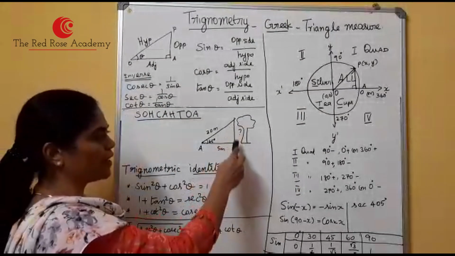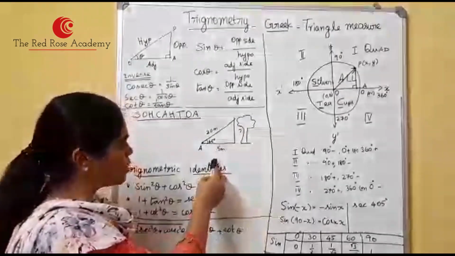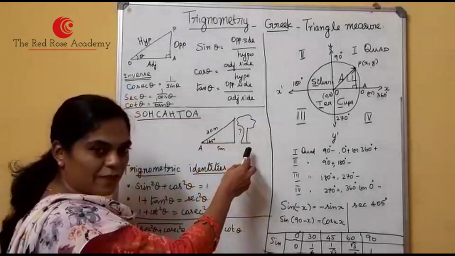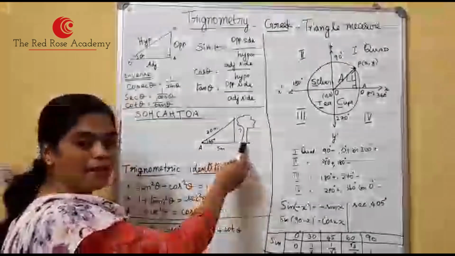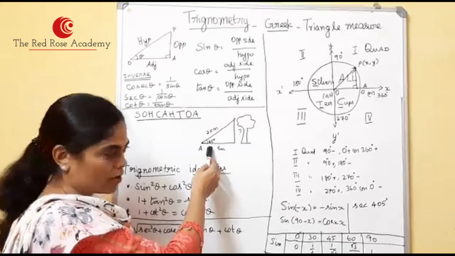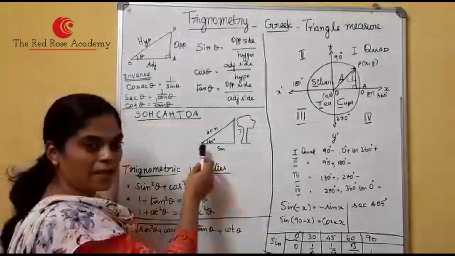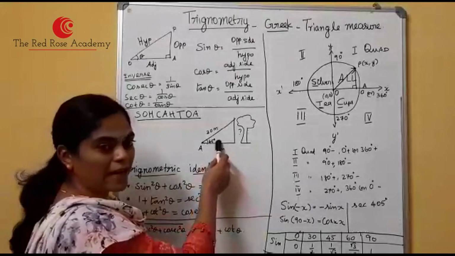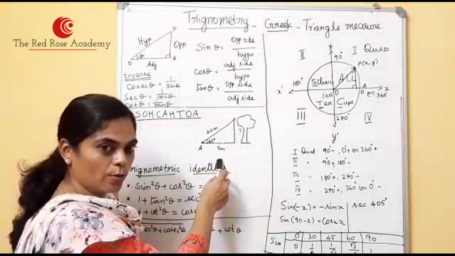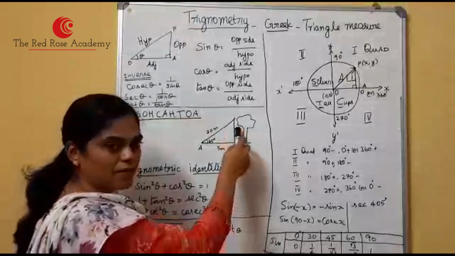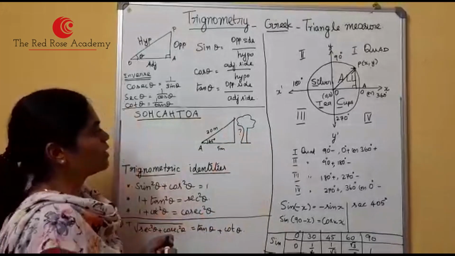So in order to find the height of the tree, suppose we know the distance from the tree, which can be easily measured. Let the distance from the foot of the tree to the man be 5 meters. This we know. If we wish to find the height of the tree, what can we do?